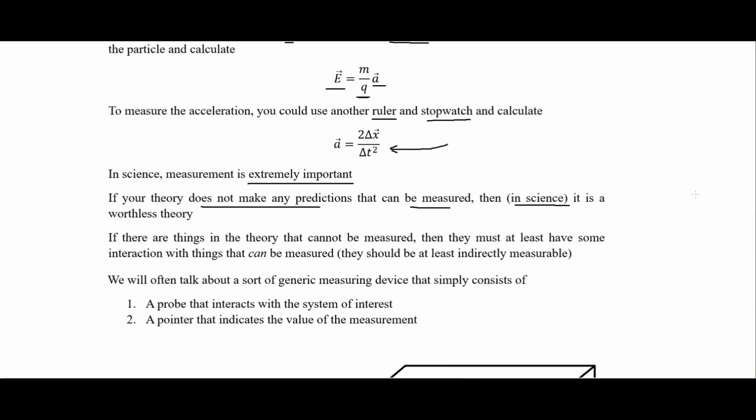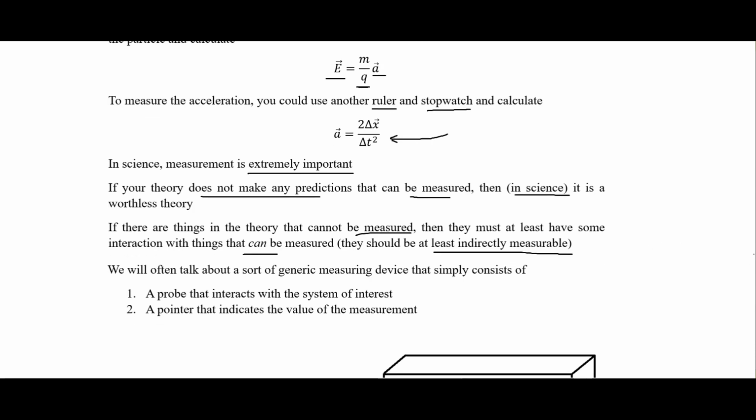You know, it might be something like a good philosophical or theological theory or something like that. But in science, you need measurements. So if there are things in the theory that cannot be measured, then they must at least have some interaction with things that can be measured. So you want to be able to indirectly measure things.